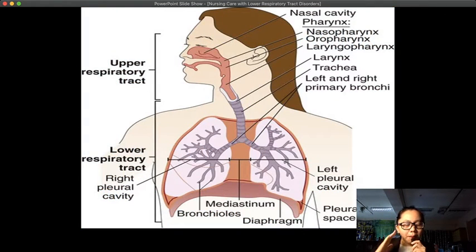So, remember class, upper respiratory tract above, lower respiratory tract below the upper respiratory tract.